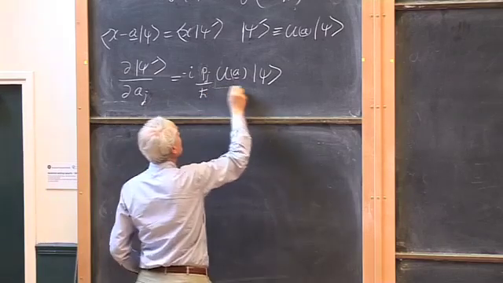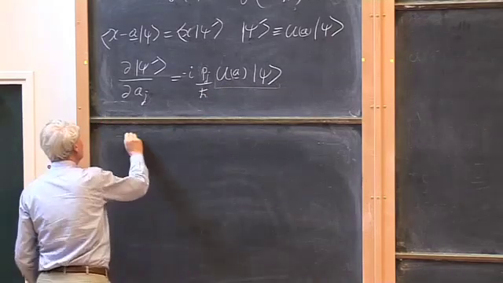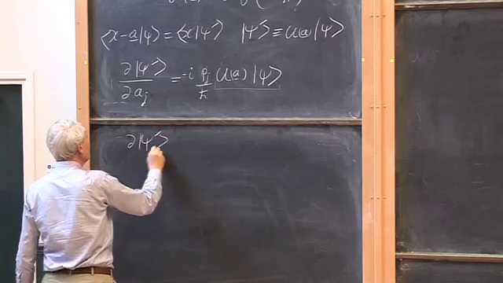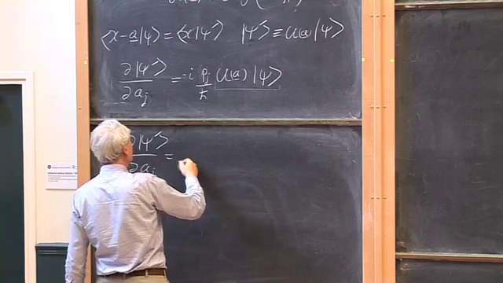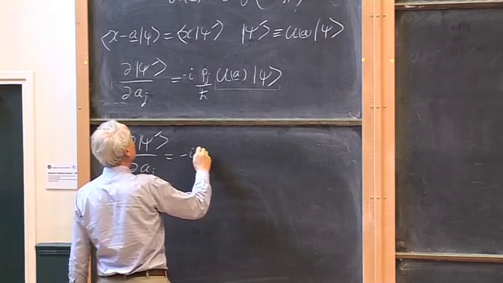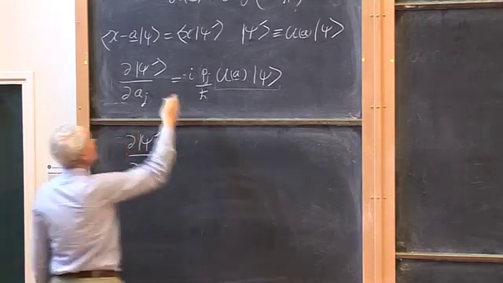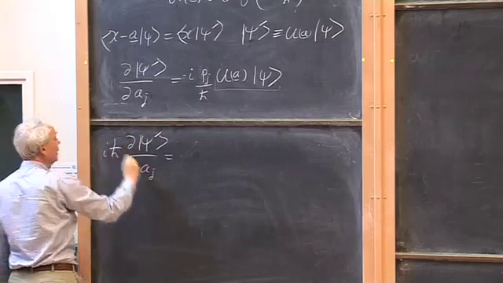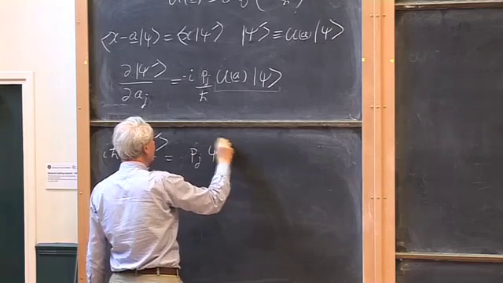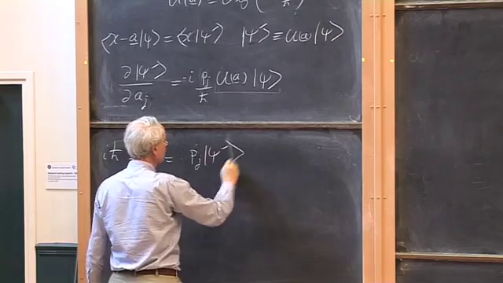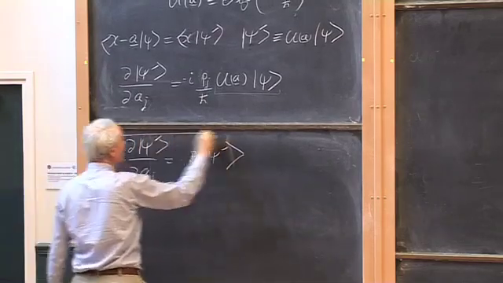And now we can just recall that this thing is psi primed. So I now have that d psi primed by d a sub j is equal to minus i over h bar times p j psi primed. Let's multiply through by i h bar, and then we have that i h bar d psi primed by d a sub j is equal to p j psi primed.